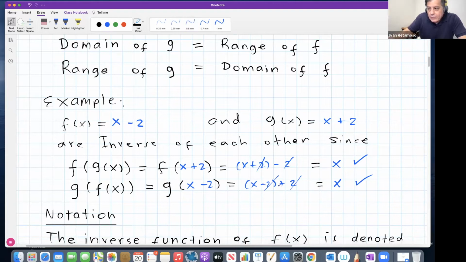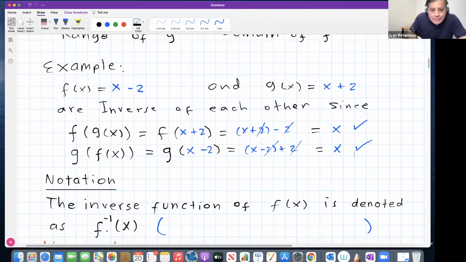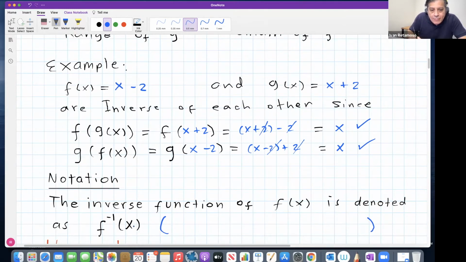Okay, now some notation here. The inverse function of f of x is denoted as this, f inverse of x. This is read as f inverse of x.